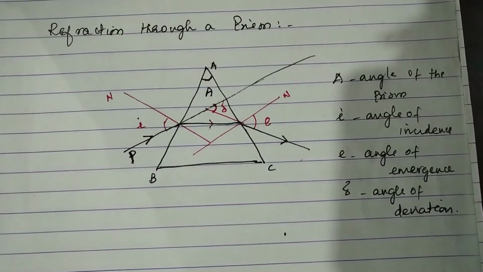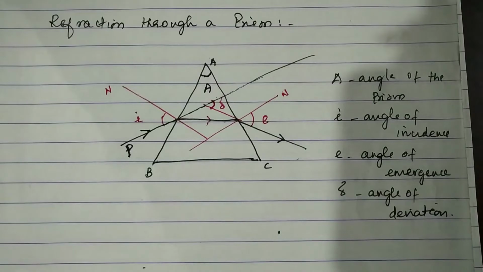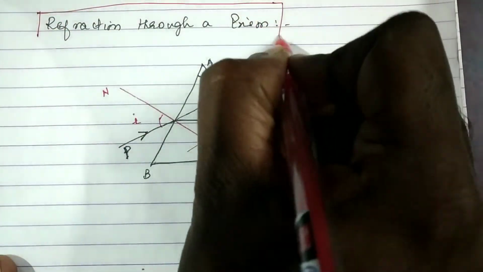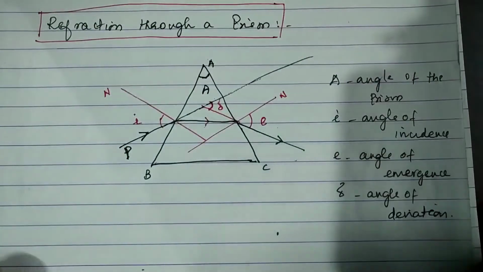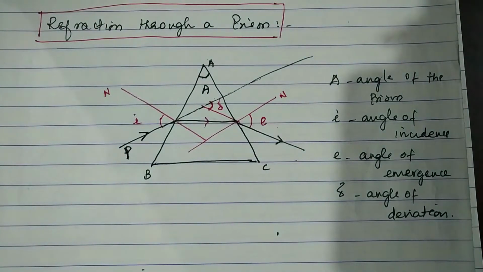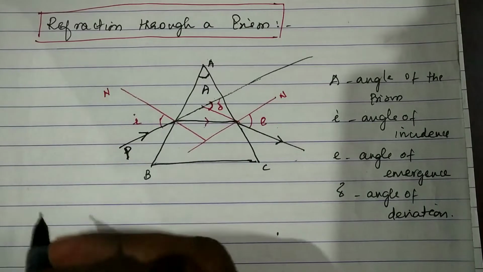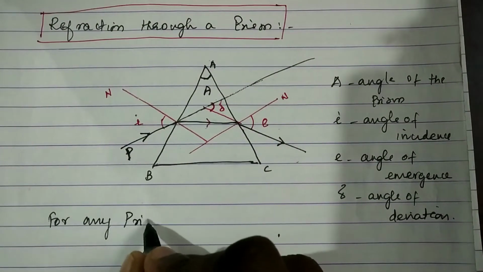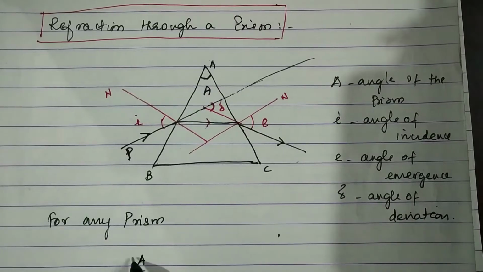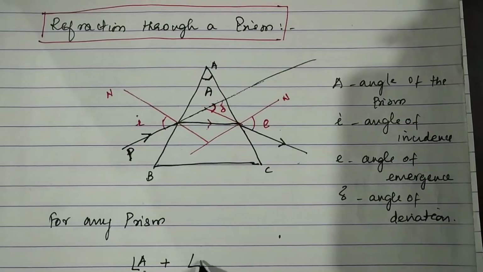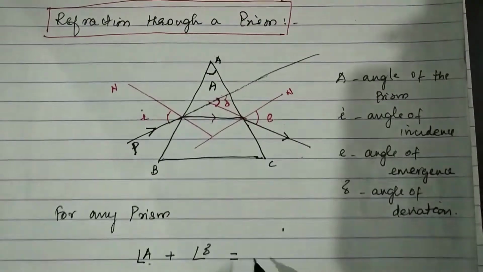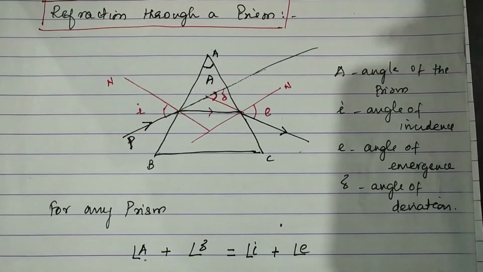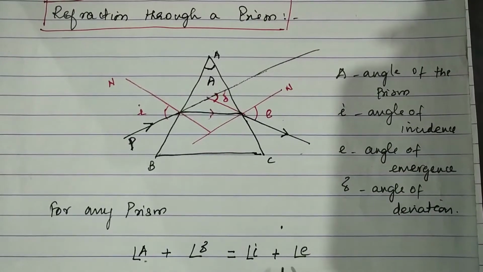Okay. Now, this is refraction through a prism. Now, see, for any prism, angle A plus angle D will be equal to angle I plus angle E. This equation is true.